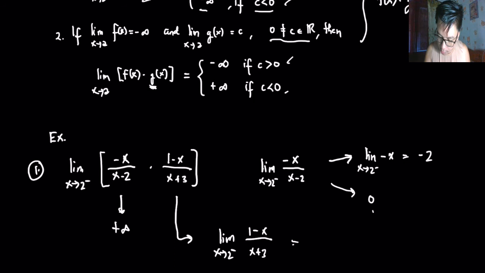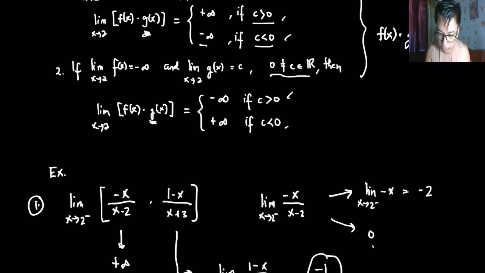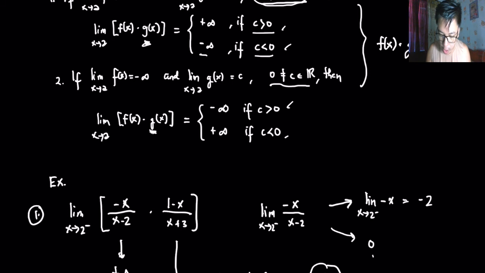This is negative 1 over 5, so this C is negative. So according to Theorem number 1, when the first is positive infinity but the C is negative, the result is negative infinity.